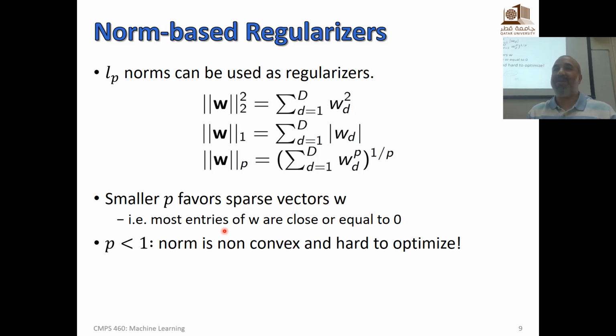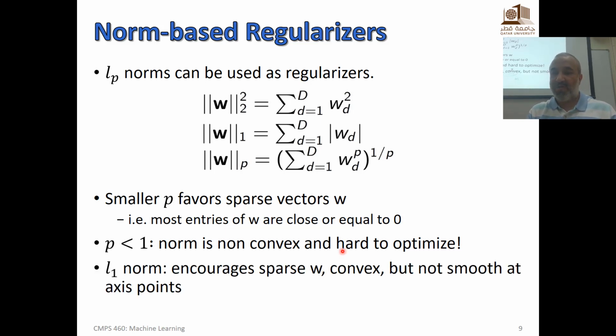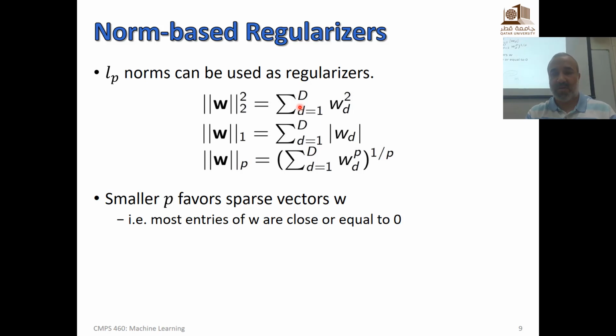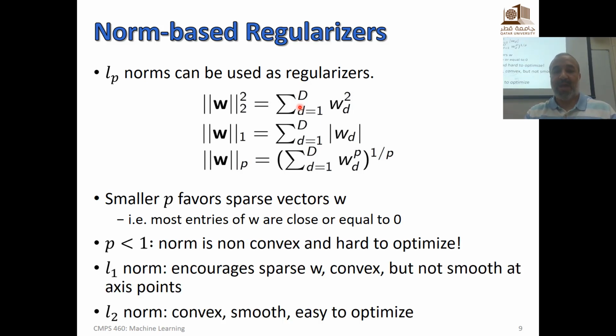This one will be non-convex, so it will be hard to optimize when P is less than 1. When P is 1, it is convex, but it's not smooth at the axis points. If you remember here, it's not smooth. This is when P is 1. It's not smooth here. So it's easier than when P is less than 1, but still it's not very easy. But the L2 norm is convex, smooth, and thus easier to optimize.